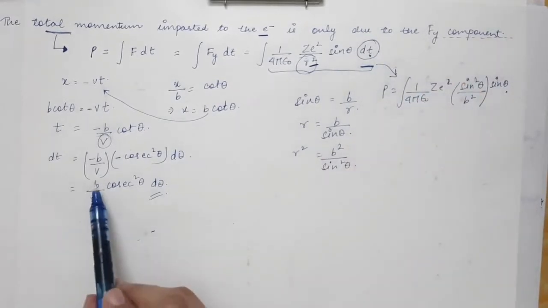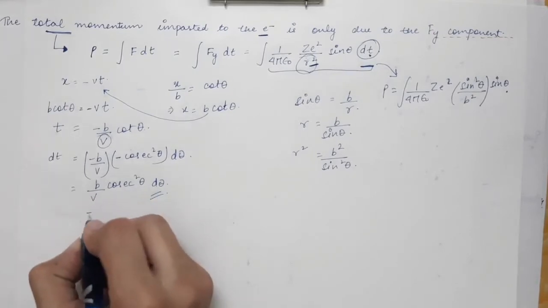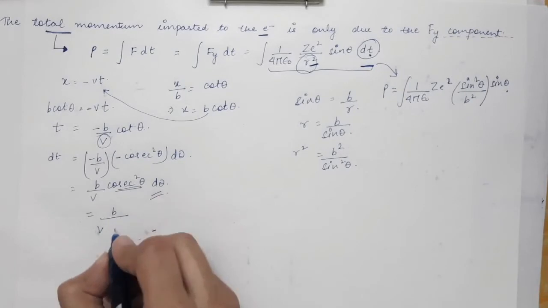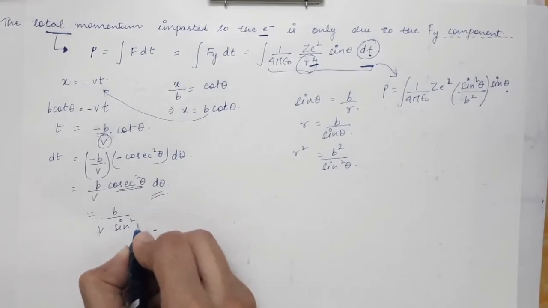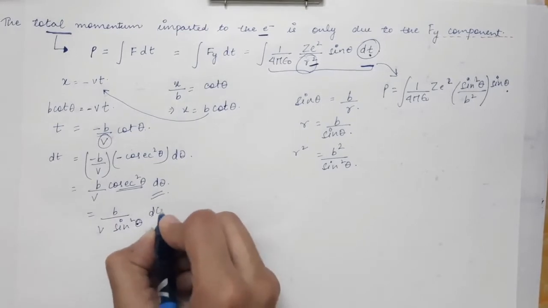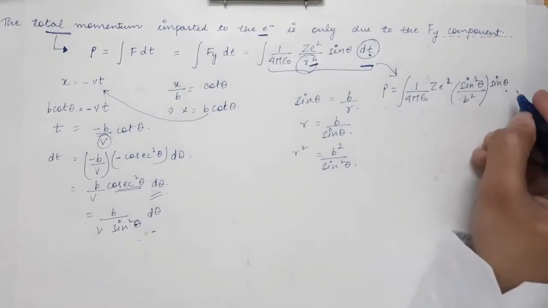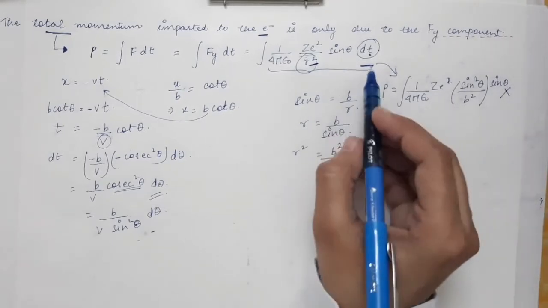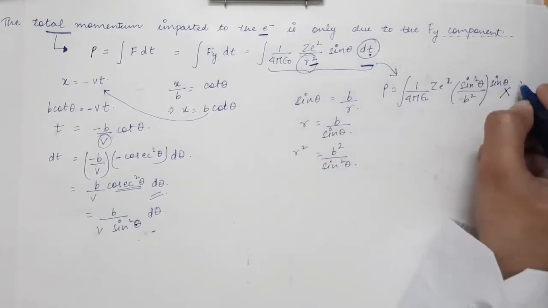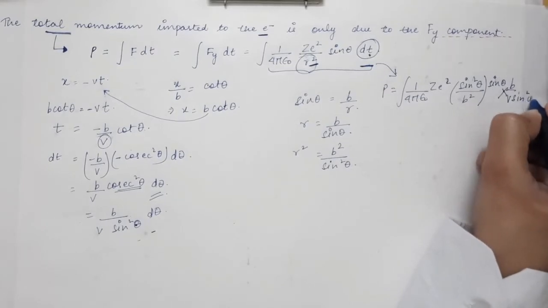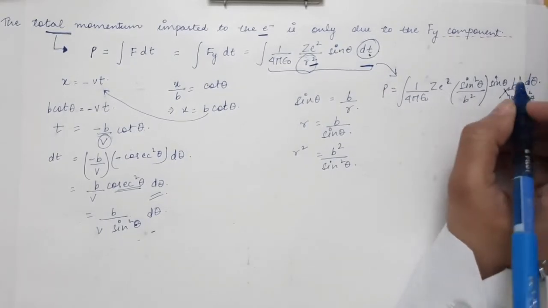Now dt is b by v cosecant square theta d theta. So cosecant square theta is 1 by sine square theta into d theta. So here we will have dt, and dt is b by v into 1 by sine square theta into d theta.